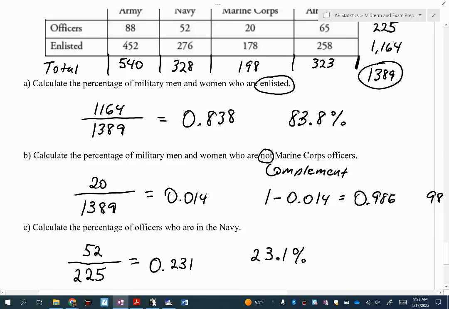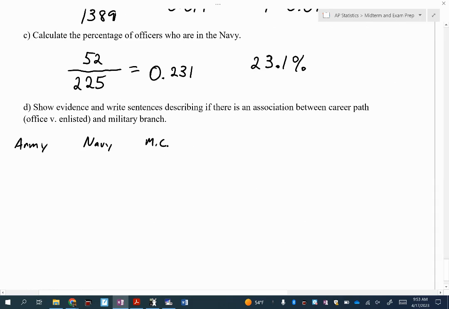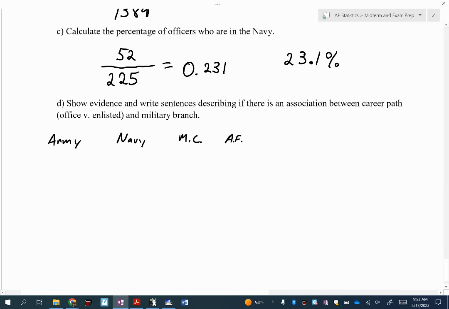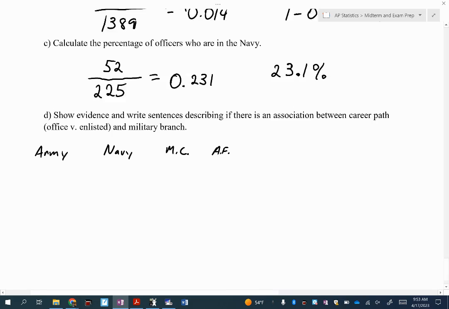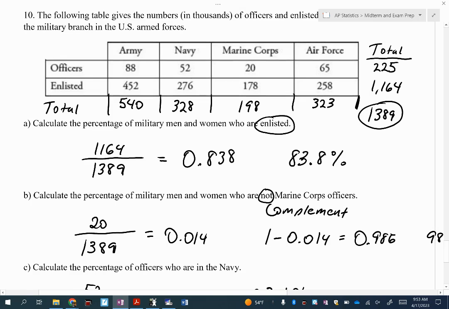Does it go Army, Navy? Okay, so Army, Navy. Is it Marine Corps? And then what's the last one? Air Force, thank you. All right. So out of our total, what was it, 1389? How many are Army out of 1389? 540, right?